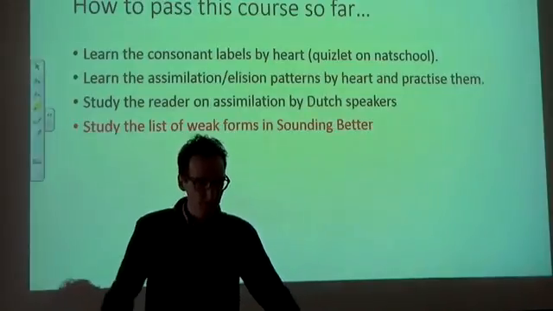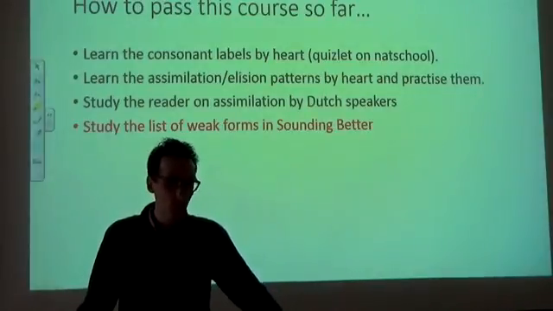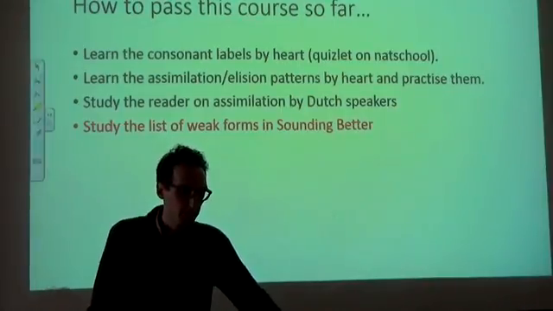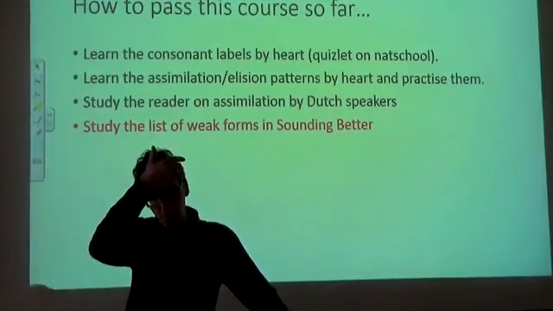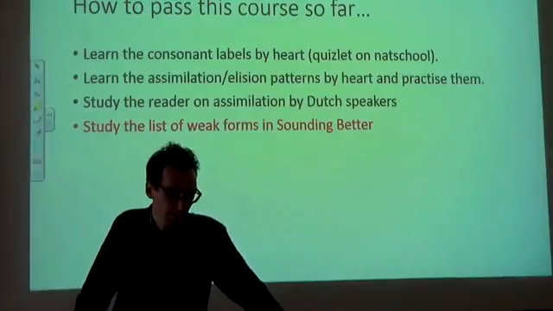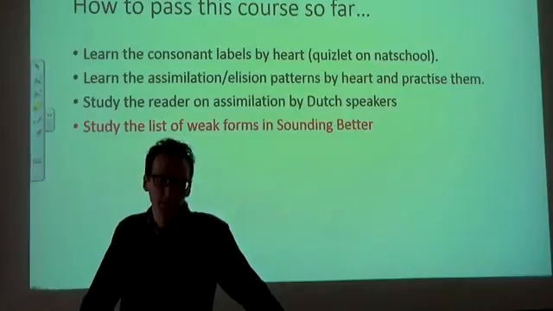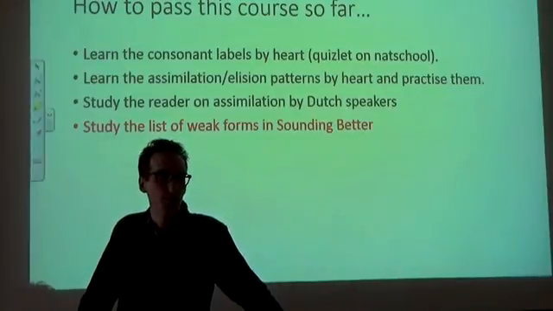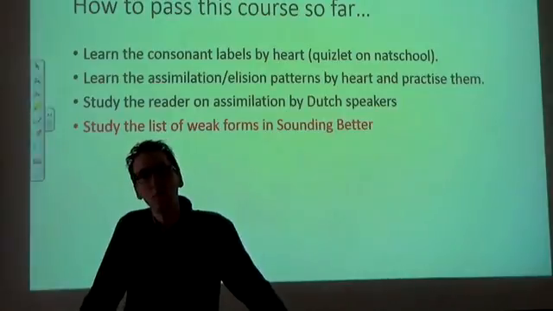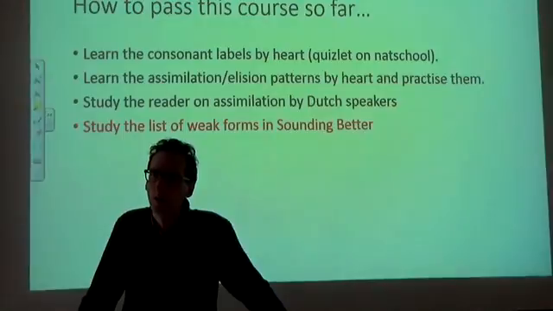Okay, how to pass this course so far? I said learn the consonant labels by heart, learn the assimilation elision patterns by heart, study the reader and assimilation by Dutch speakers, and next, study the list of weak forms in Sounding Better. Yeah? If you want to be able to spot weak forms, maybe you do them in your speech. For many of you I know you don't, or you don't recognize them. Learn the list by heart.